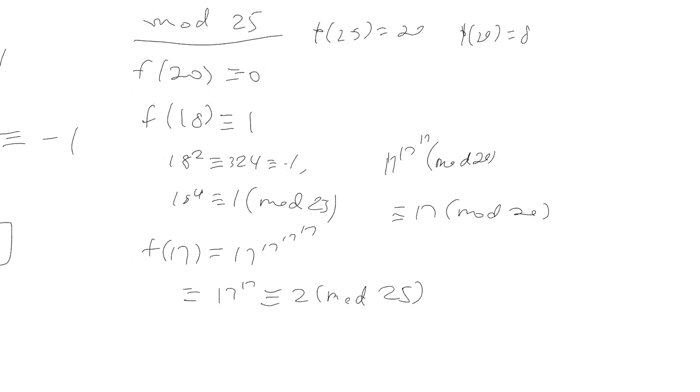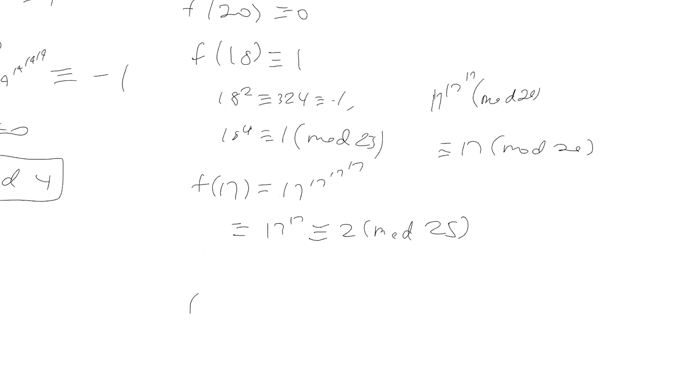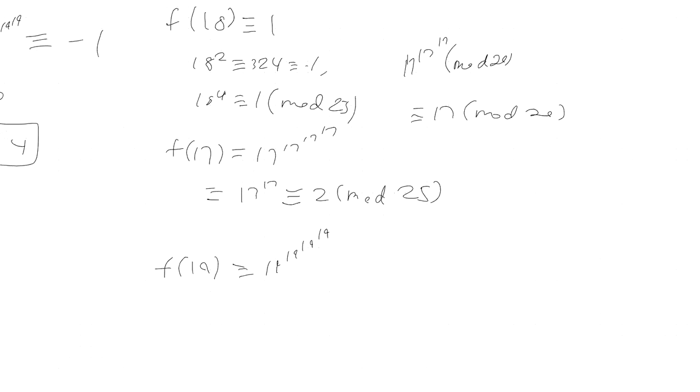Now, similarly for 19, we use a similar process also involving these phi's. So F19 is equal to 19, 19, 19 to the 19th power. And for this above estimate here, 19, 19, 19, this is simply -1 mod 20, since 19 is -1 mod 20.